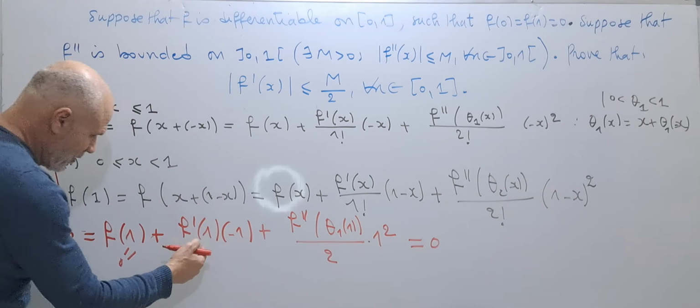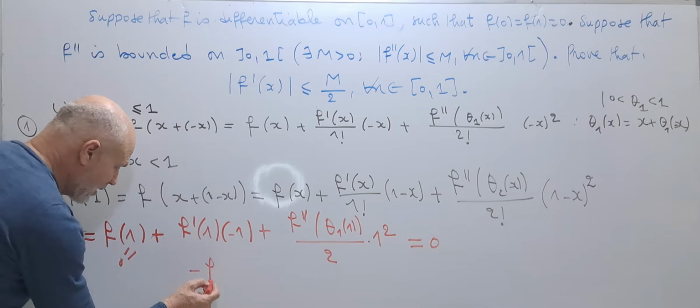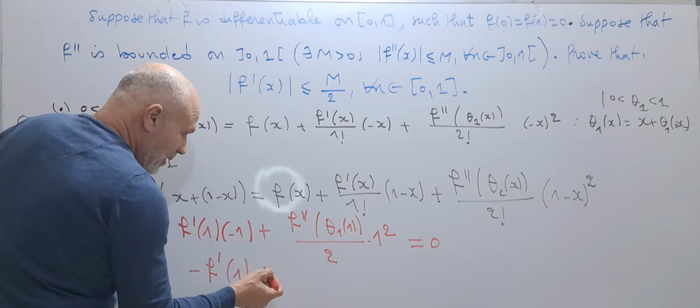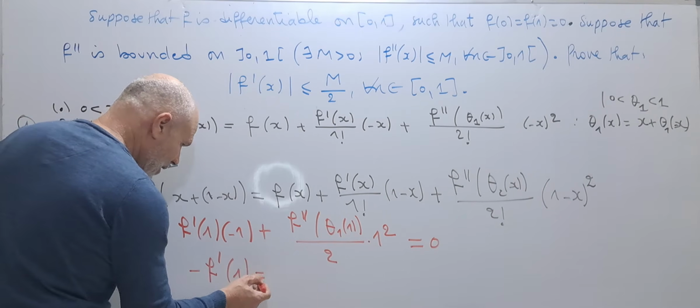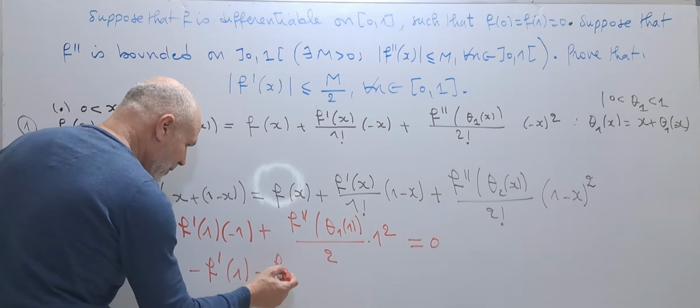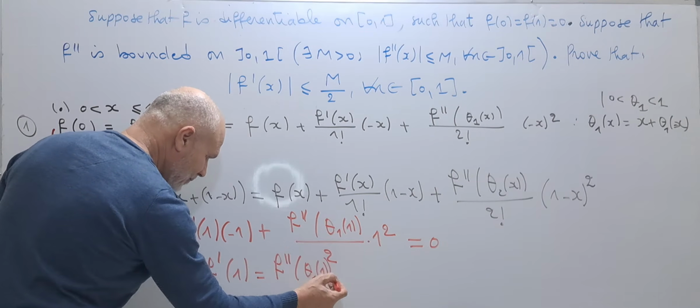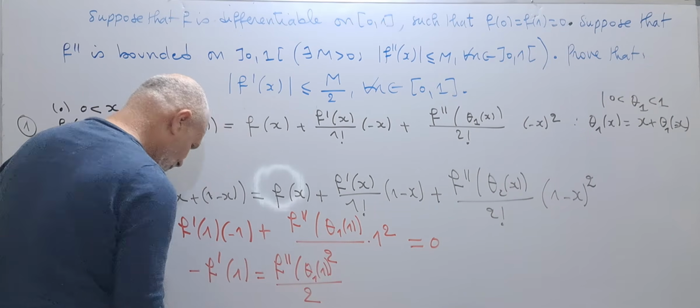This means that minus f prime of 1 is equal to f twice prime of theta 1 of 1 over 2.